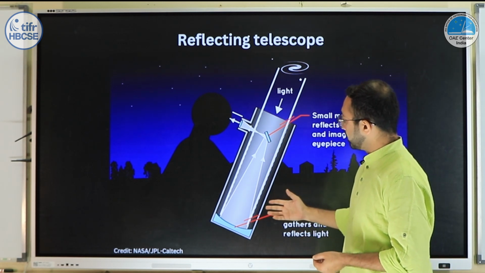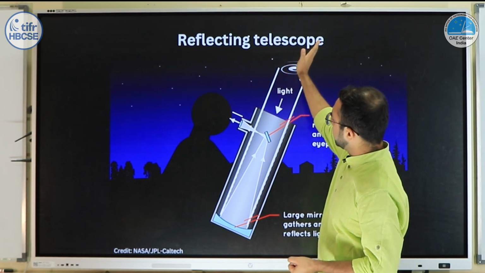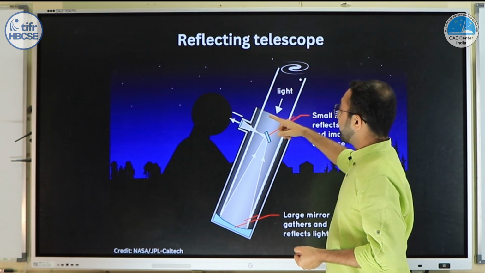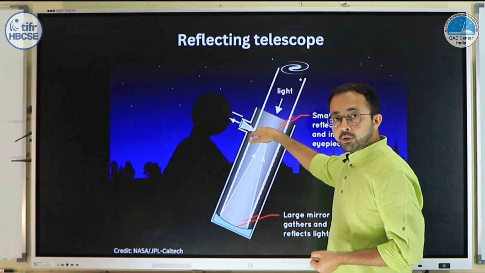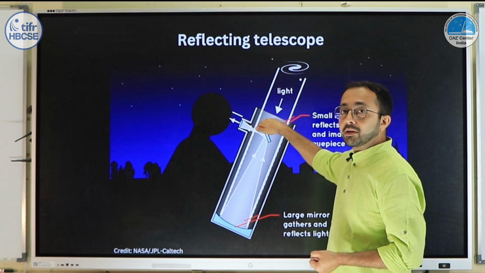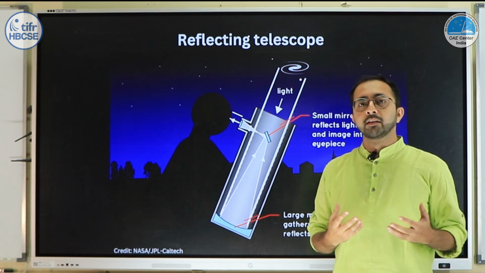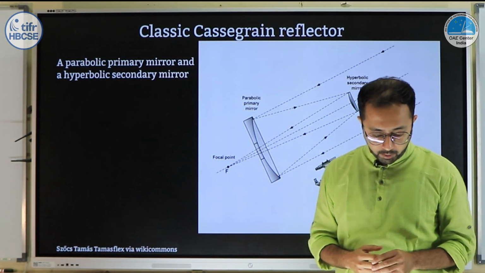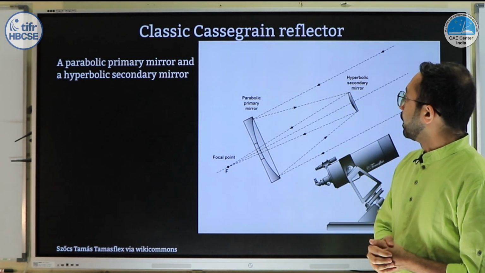Now, as you can see, this telescope is pointing towards the sky or towards a celestial object in this direction, whereas we are looking at the object at an angle which is normal or perpendicular to the line of sight. Slightly inconvenient design, right? Hence, people came up with a new design of telescope.